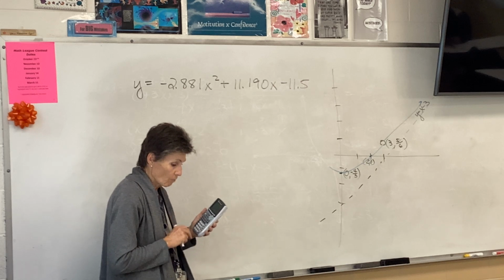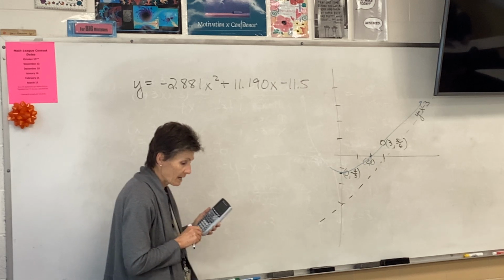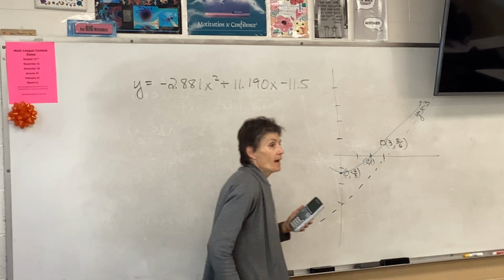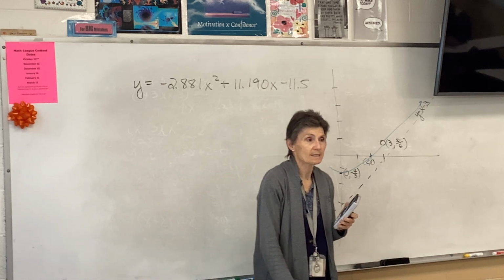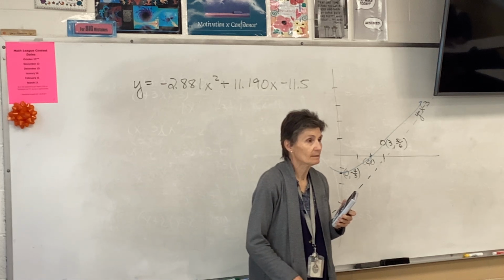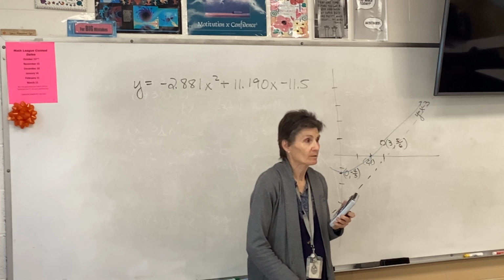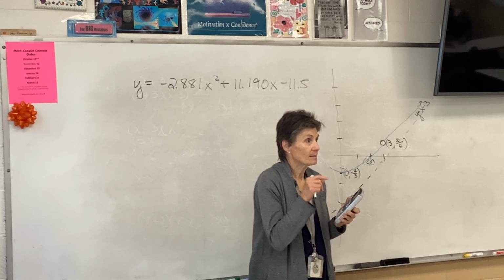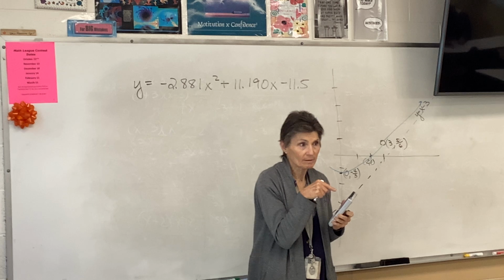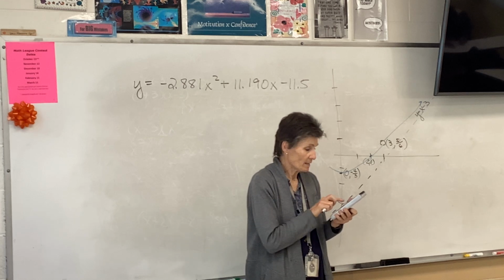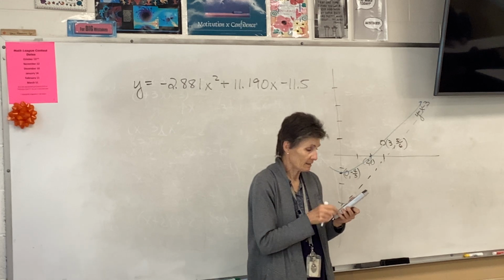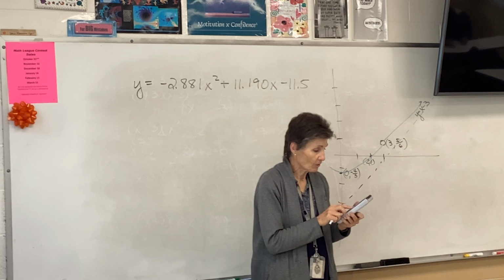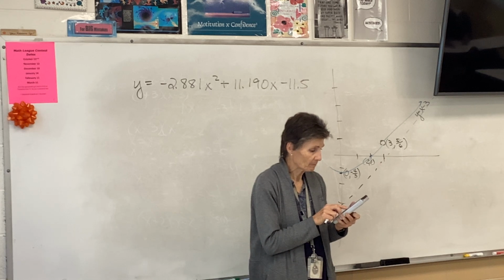Does the model over or underestimate at x equals 3? How could we tell real easily? Declan? Check the residual. And isn't the residual in my calculator? So one way to do it is just to go back to stat, edit, and click over, and we want 3.